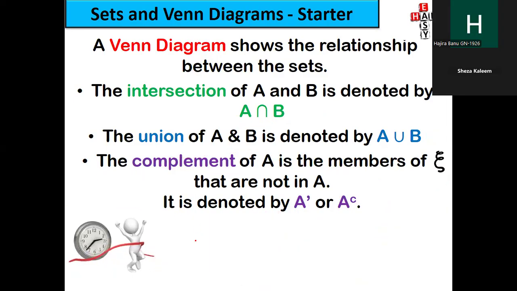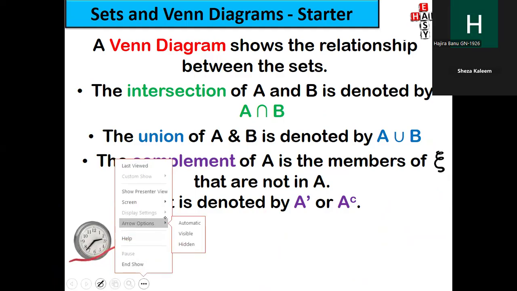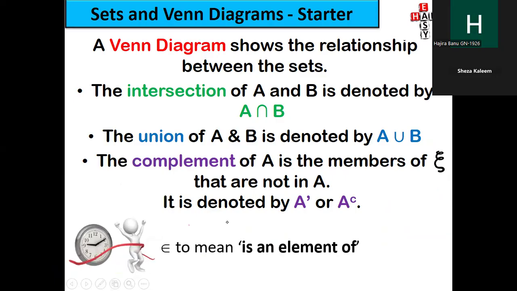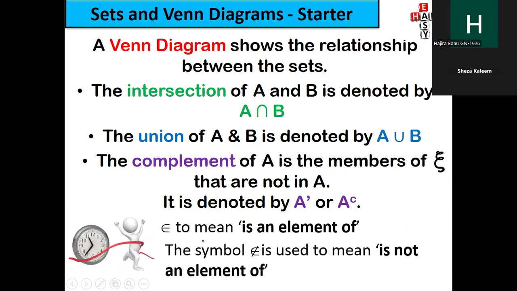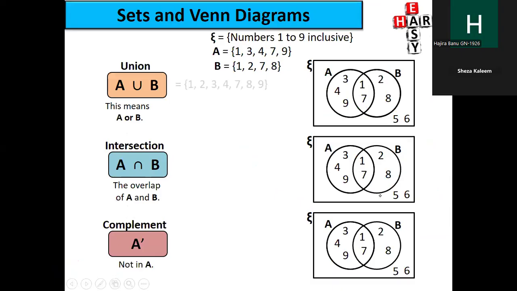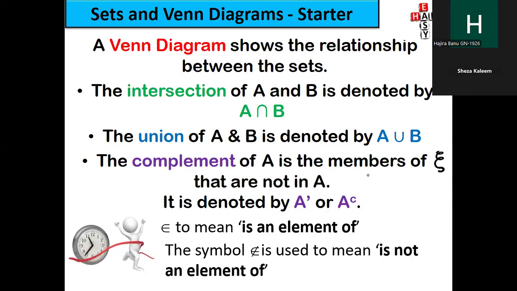Yes, ma'am. Then this symbol, belongs to, means is an element of A. The symbol does not belong to, like equal to and not equal to you have, right? So here also we have belongs to and doesn't belong to.